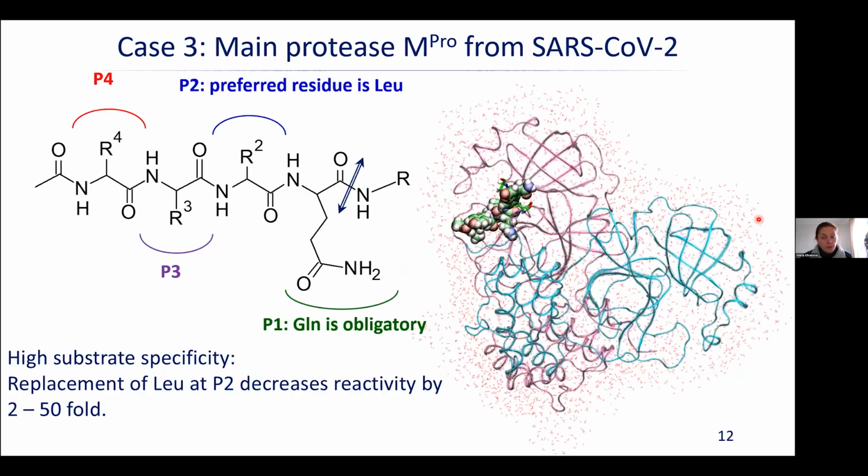And of course, I cannot skip the important example of the main protease from SARS-CoV-2 virus. We all know that this enzyme is highly specific to a certain type of amino acid sequences. I mean that for the hydrolysis reaction to take place, it is important to have glutamine in the P1 position right before the cleaving bond.